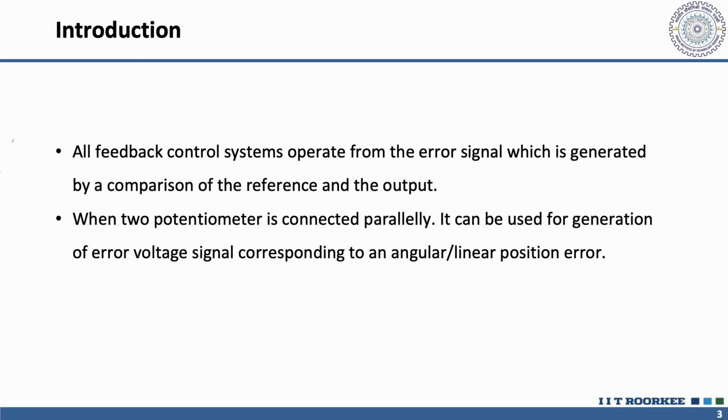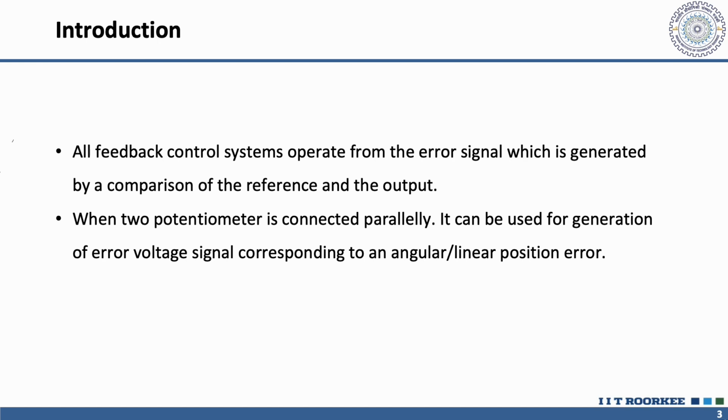Now, introduction. All the feedback control systems operate from the error signal, and this error signal is generated by comparison of the desired reference and the output. You must be thinking, why am I talking about feedback control system here?